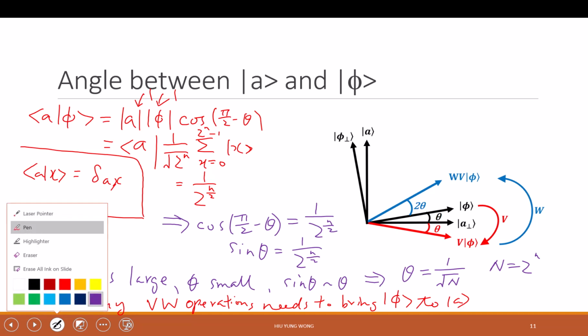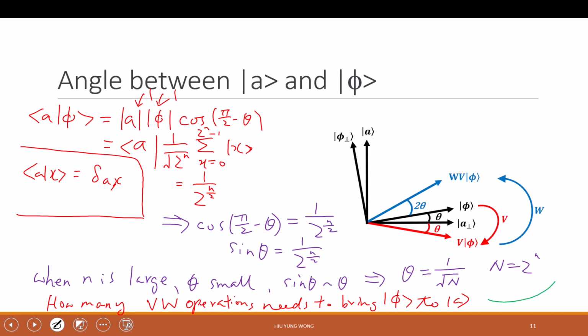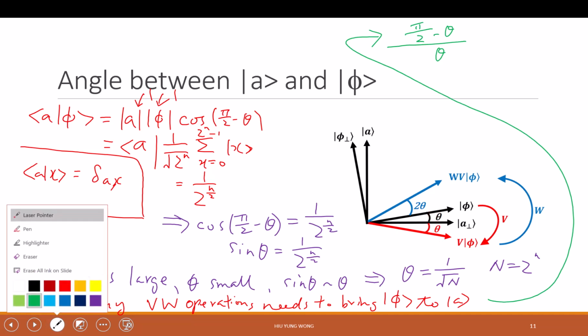I'm sorry, I did not plan this well. So I'm going to go here. It's going to be pi over 2 minus theta divided by theta. Right? Because the angle between phi and A is pi over 2 minus theta. And this angle is theta, right? So how many operators do I need?